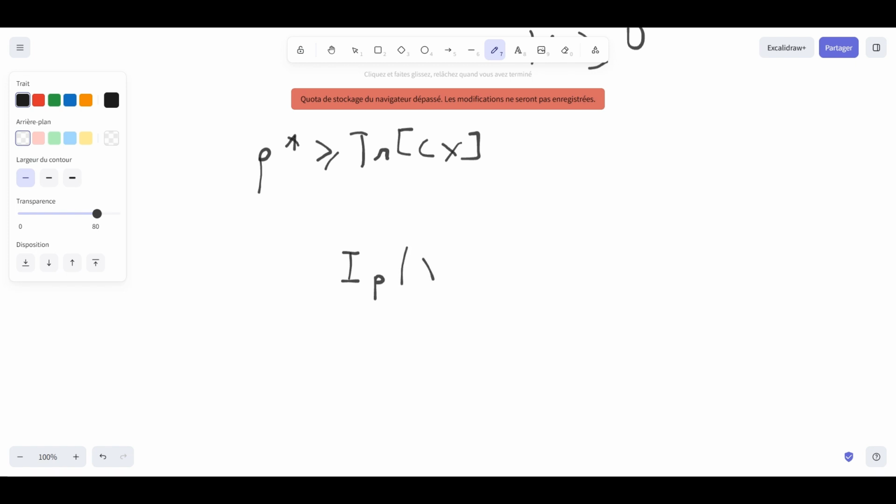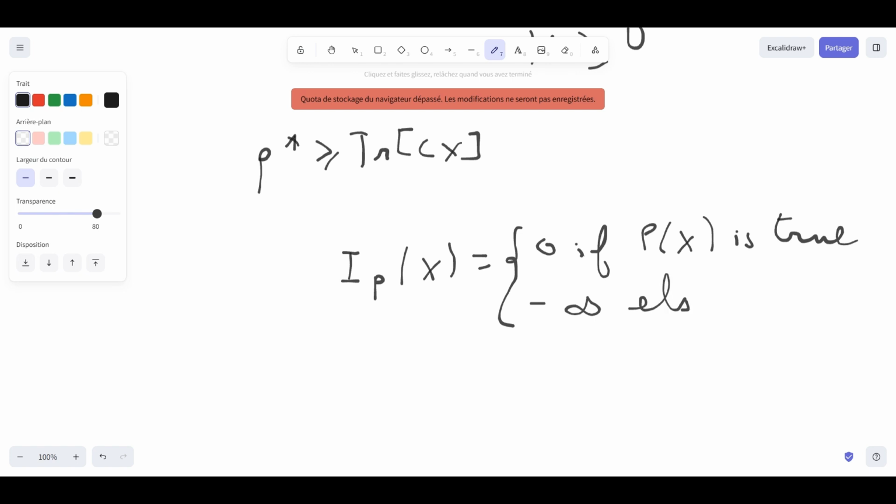I is for indicator, and it is zero if p of x is true, and minus infinity else.